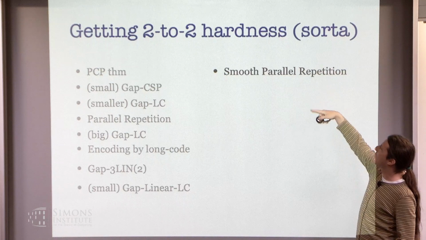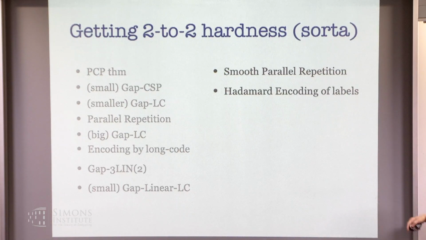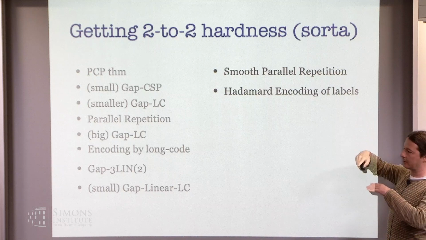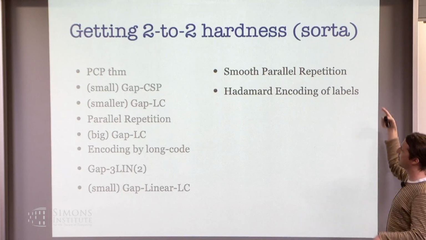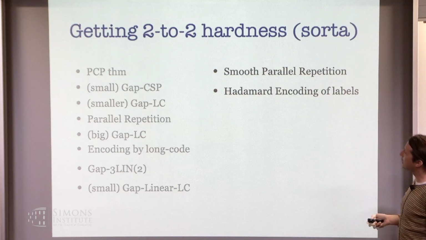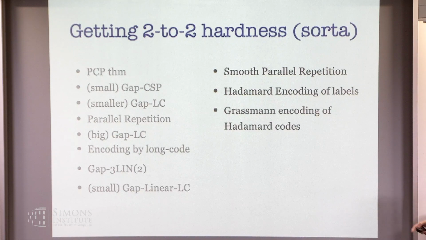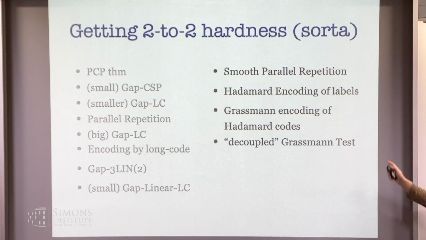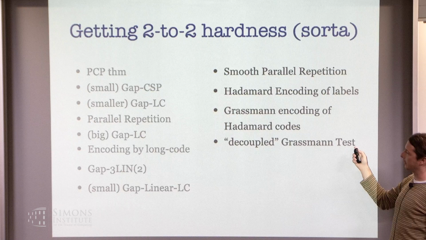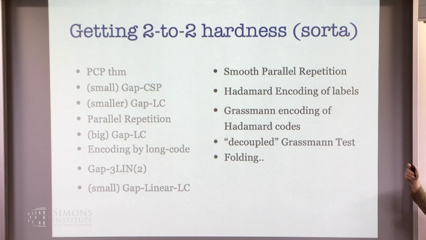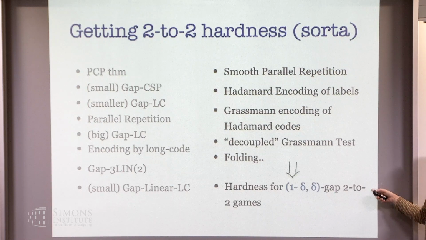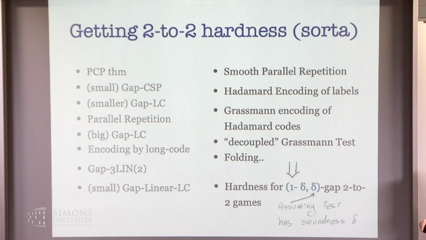You want a large gap, so you apply parallel repetition, and then you get a linear label cover with a large gap, and you apply Hadamard encoding to the variables, and Hadamard encoding is an encoding by linear functions. So to that you can apply the Grassmann encoding. You need this decoupled version of the Grassmann test, and you need folding and other things. But eventually you get the hardness that you wish. This is all assuming that the test has soundness delta.